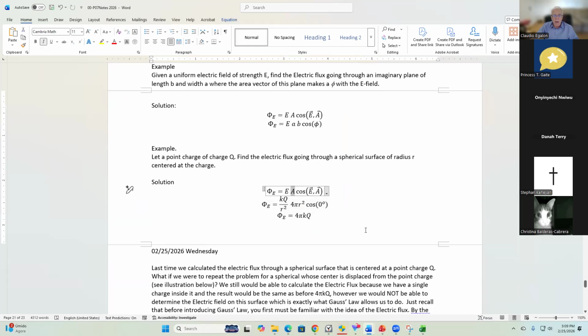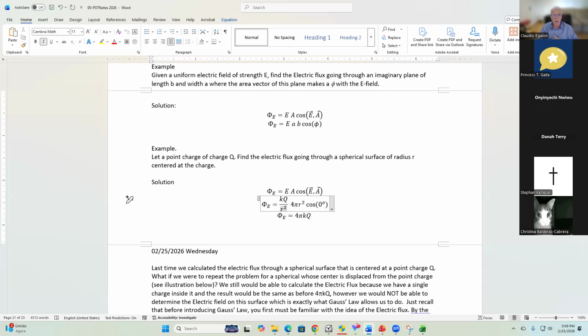Now, the area of that surface is 4 pi r squared, because we are talking about the area of a spherical surface. And finally, since it's the electric field of a point charge, it should be written as kq over r squared. If you remember, last time I wrote down kq over r. I was writing the potential, not the electric field. So it's r squared.